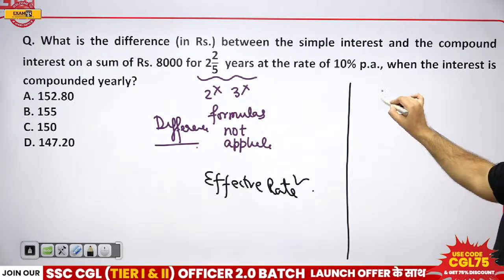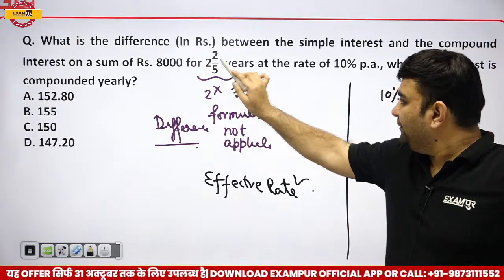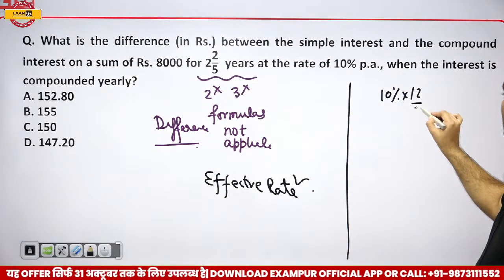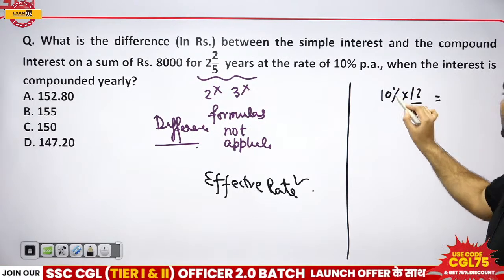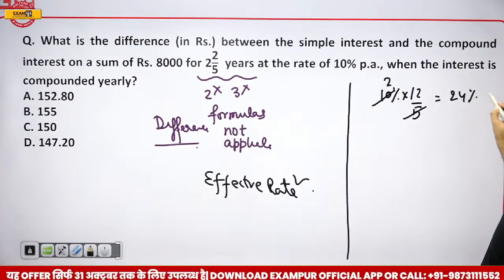10% per annum for 2 and 2 by 5 years, that is 12 by 5 years. SI is a direct multiplication: 24% is the SI.